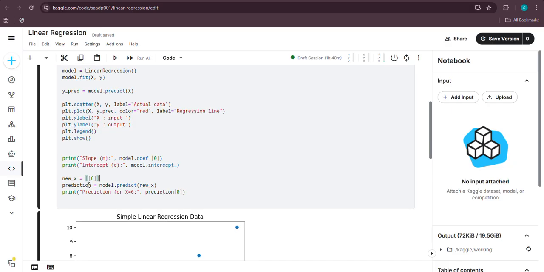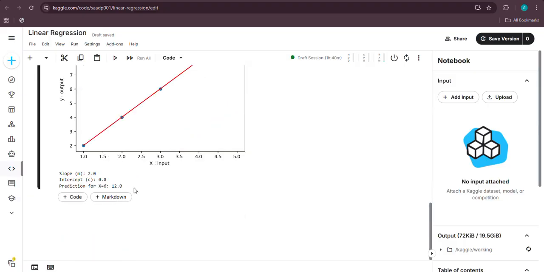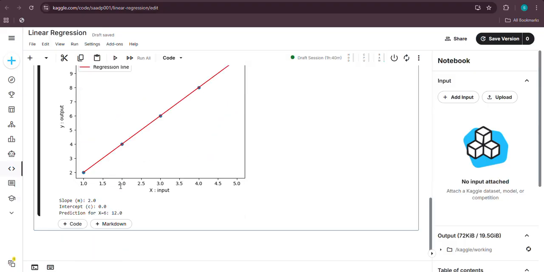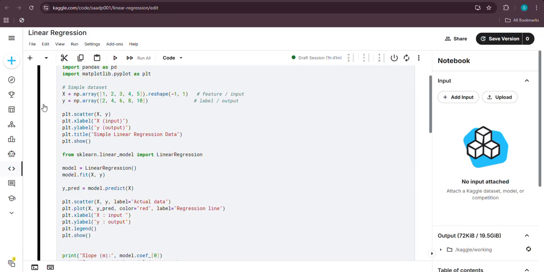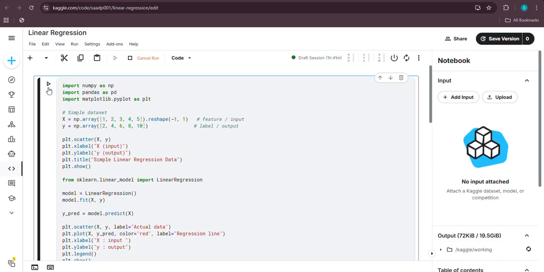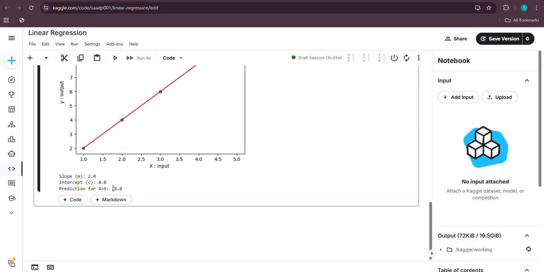We use the prediction model to predict new x, the value given is 6. Our model predicted that for x equal to 6, y is equal to 12. If we change our value, instead of 6, let's keep it 9, and change it here as well. After running that, we can see for 9 it's 18.